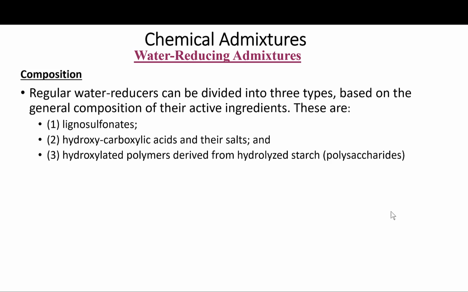The second is the hydroxycarboxylic acids and their salts. And the third one is the hydroxylated polymers, basically derived from hydrolyzed starch, or referred to as polysaccharides. I know it's complicated chemical names, but that's what they are.